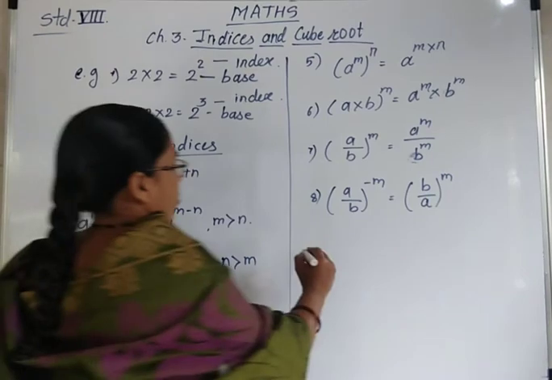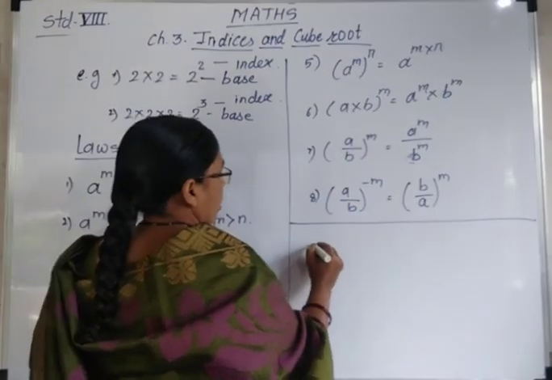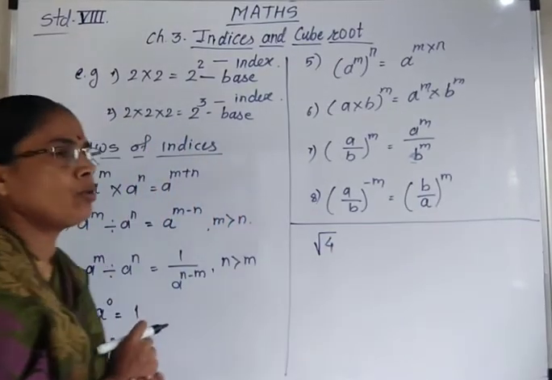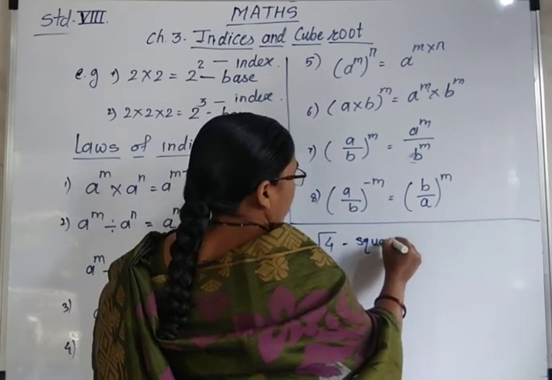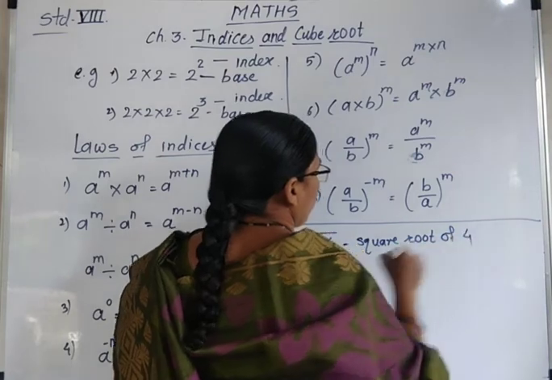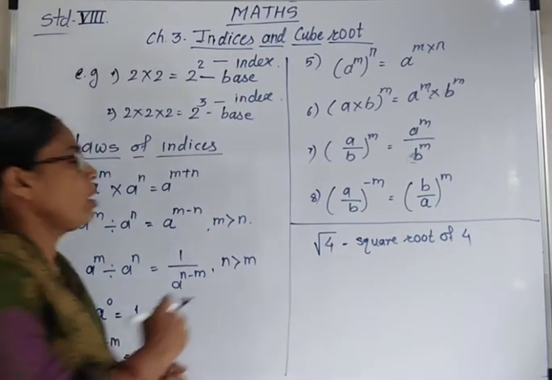For example, see here, square root of 4. Here we use the symbol, square root of 4 is 2.